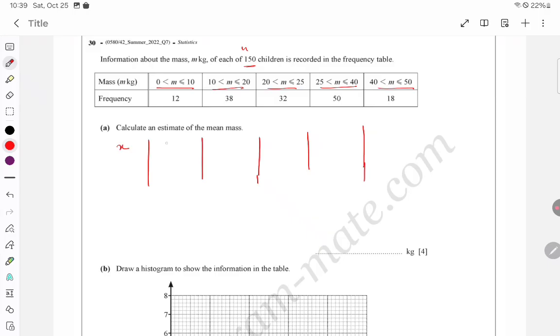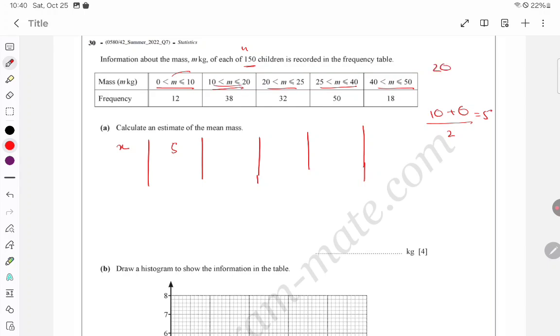Our first frequency is 12. The 5 we get by adding 0 plus 10 divided by 2. So we get the midpoint of mass. For the first one it will become 5. For the second one, 20.